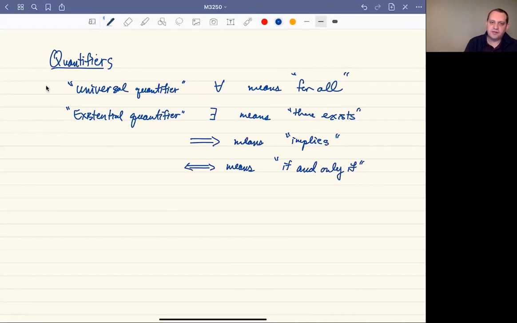So for example, our example before, if X is odd, then X plus 1 is even. If I wanted to do this the old way, we would say if X is odd, then X plus 1 is even. Or I could say X is odd implies X plus 1 is even.